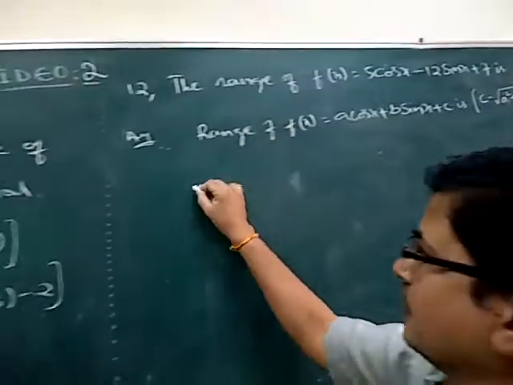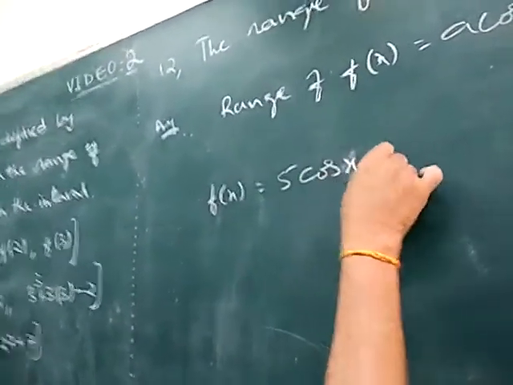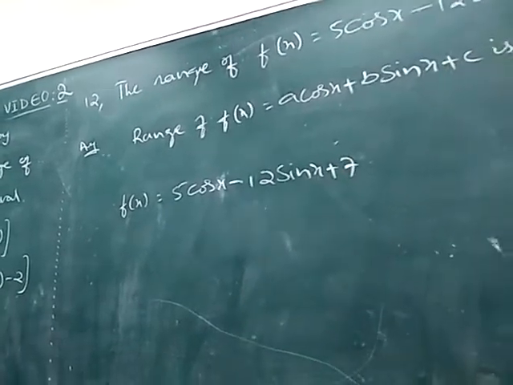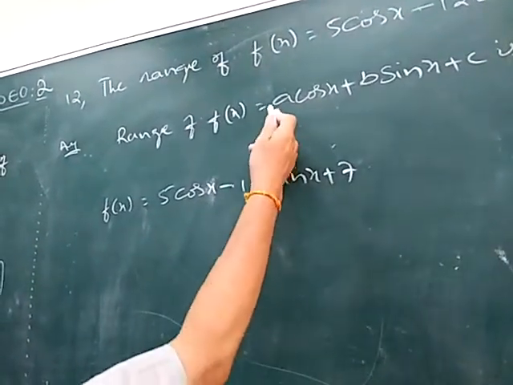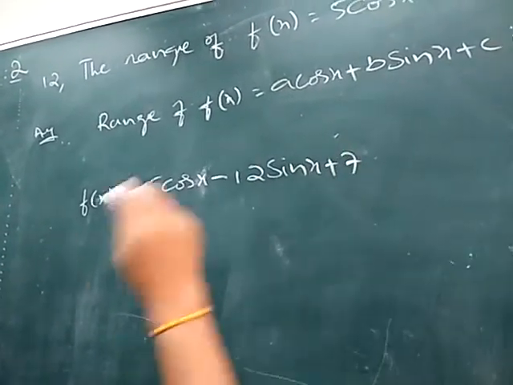So here the given function is f of x is equal to 5 cos x minus 12 sin x plus 7. If we compare these two, a is equal to 5 and b is equal to minus 12, c is equal to 7.